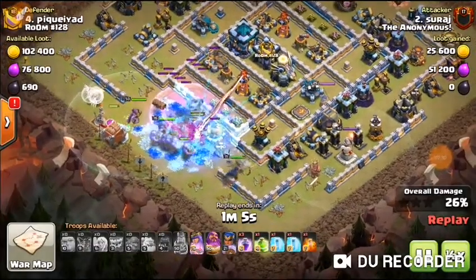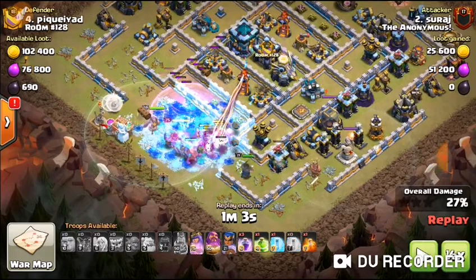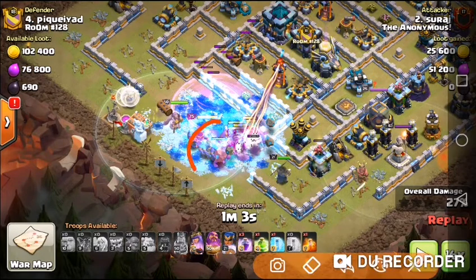See, he has used the rage spell here, but since the jump spell was not there, most of the armies have moved from this side to this side.